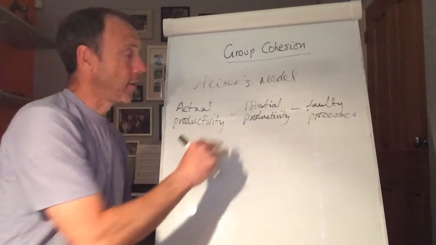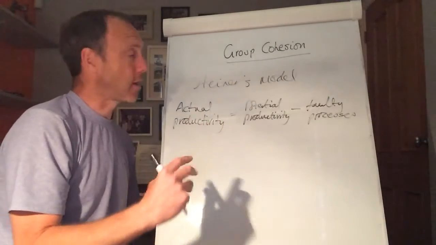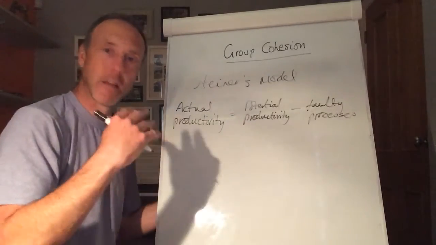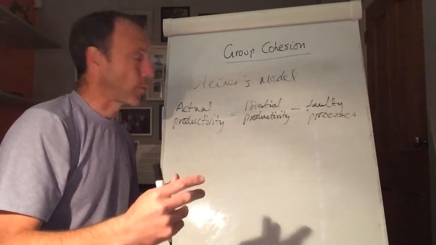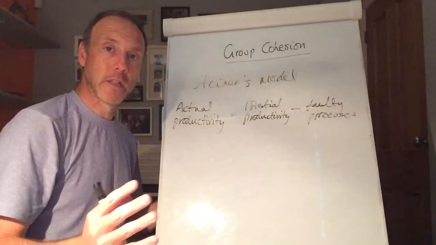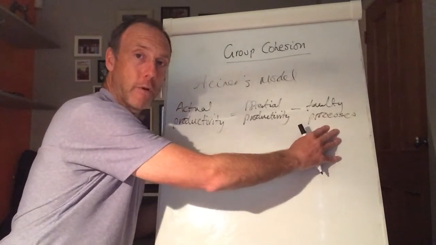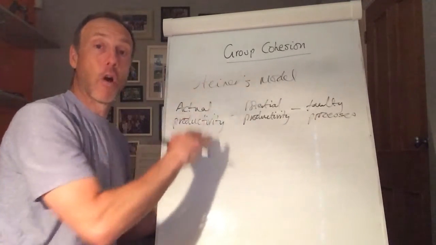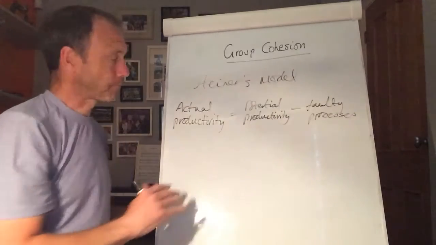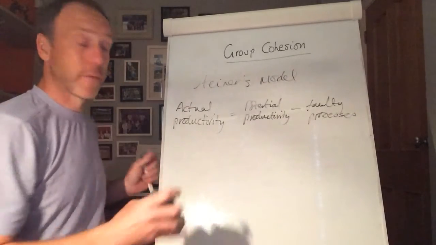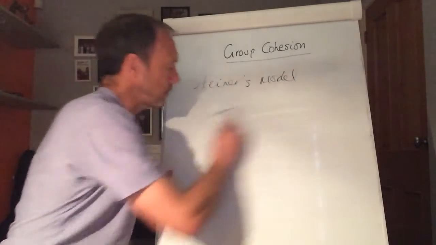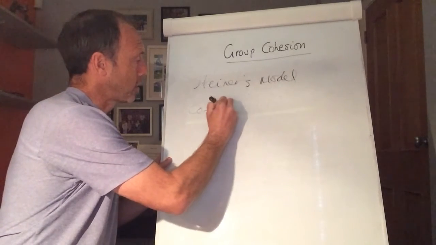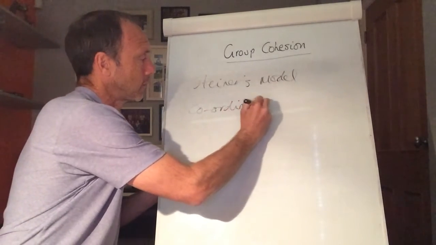And we often see that one week, and I'm sure you've played in teams like this, everything's gone right, everything's clicked, everything's been perfect, you think right, we're set. And the next week it's almost like you're playing with a different team. Faulty process is the issue there, and this is why actual productivity can often be so unstable. So what are those faulty processes? Well, first one is known as coordination loss.